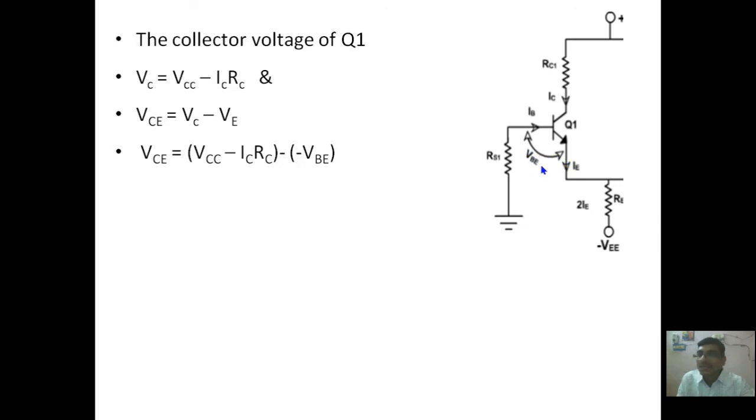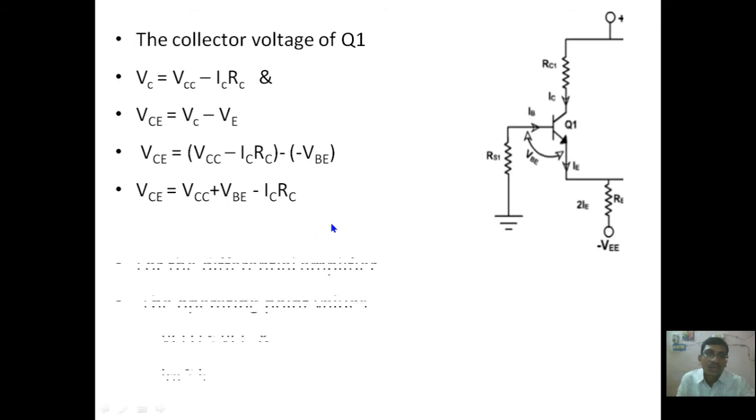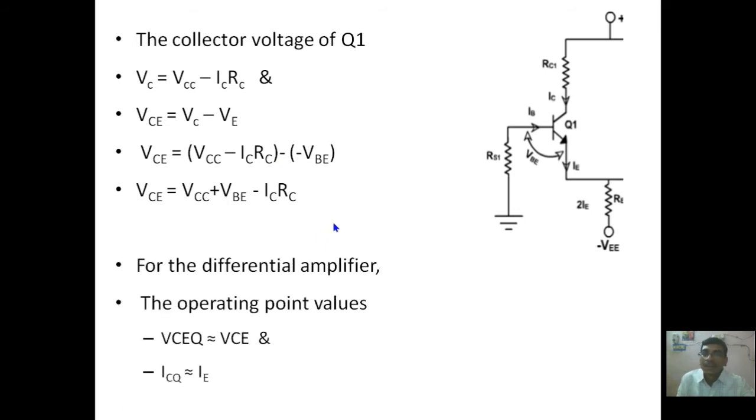Here VBE is negative because it is opposite in polarity, so it becomes minus VBE. Therefore VCE is equal to VCC minus ICRC minus of minus VBE. Minus of minus becomes plus, so VCE is equal to VCC plus VBE minus ICRC. This is the equation for the output voltage of our differential amplifier in the DC analysis.